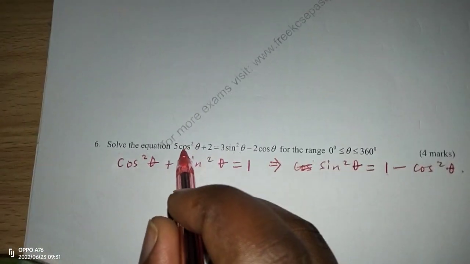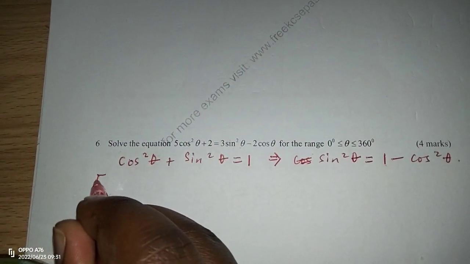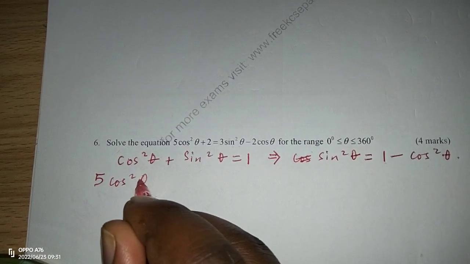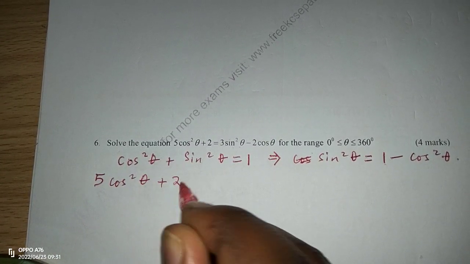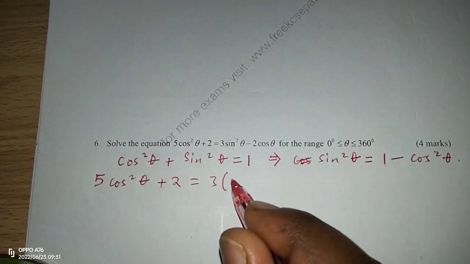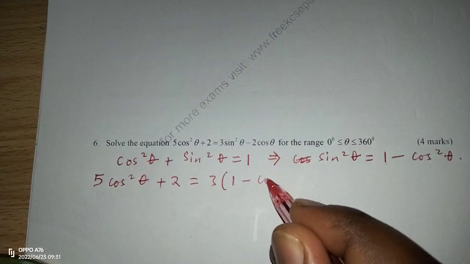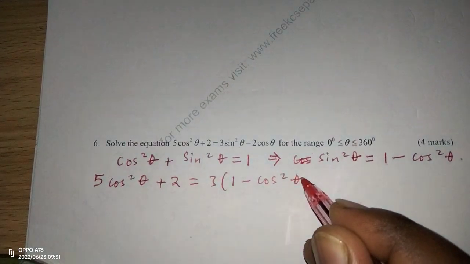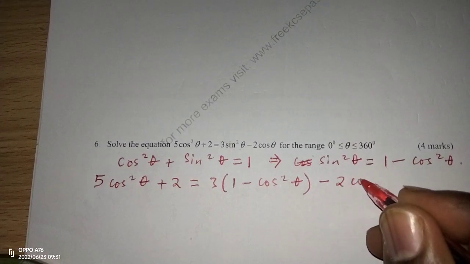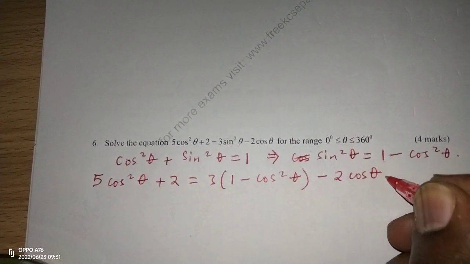So we can rewrite this equation starting with 5 cosine squared of theta plus 2 equals 3. Instead of sine squared theta, we have 1 minus the cosine squared of theta, then minus 2 cosine of theta.